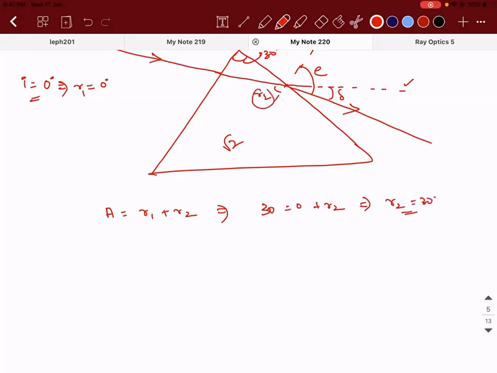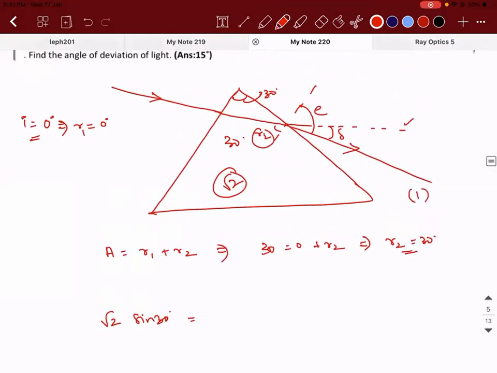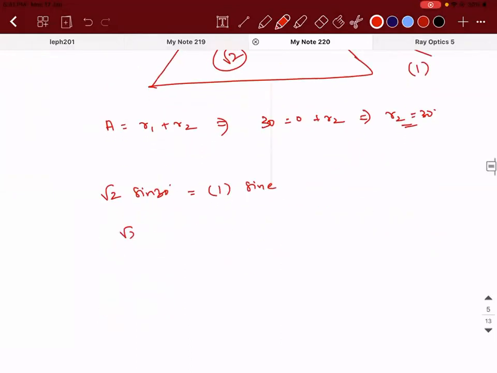When R2 is 30 degrees, can you apply Snell's law? So √2 times sine 30 degrees is equal to, the outside medium is 1, into sine E. √2 into sine 30, which is half, is sine E, which implies sine E is equal to 1 divided by √2. What is the value of E?